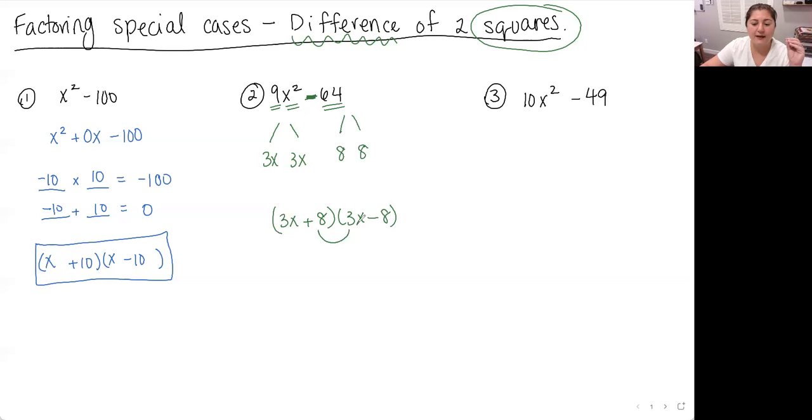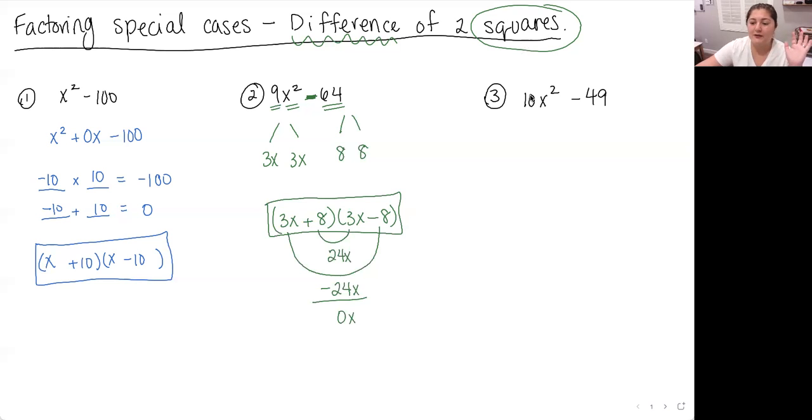When we find the product of these two numbers, we're going to get positive 24x, right? And when we find the product of these two numbers, we're actually going to get negative 24x. And when I add these two together, I'm going to end up with a 0x. So that's what I'm looking for when I'm solving these difference of two squares. Okay, and then that's how I solve it.